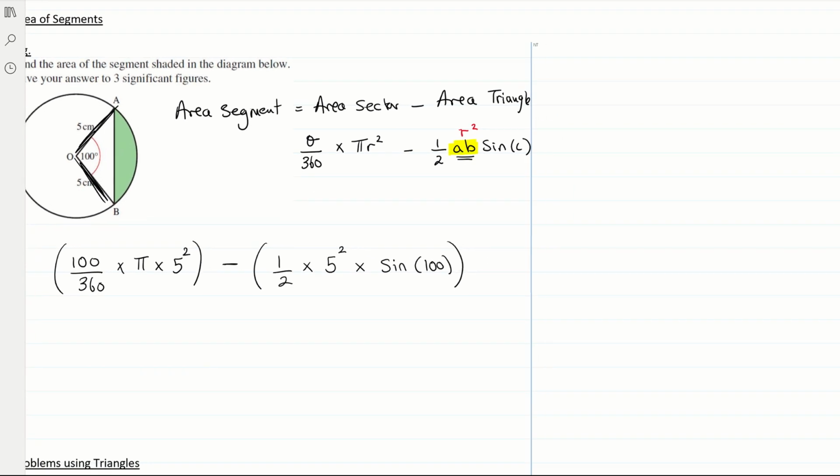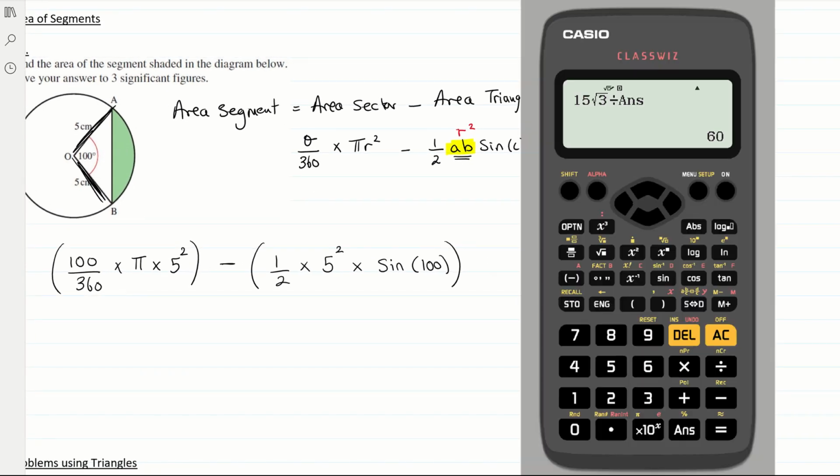And I'm going to put that exactly how I've written it on the calculator. 100 over 360 times pi times 5 squared, take away 0.5 times 5 squared times sine 100, close brackets.